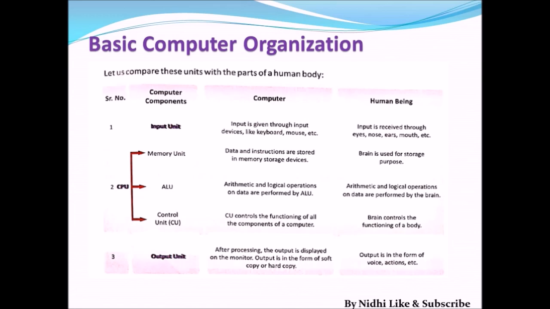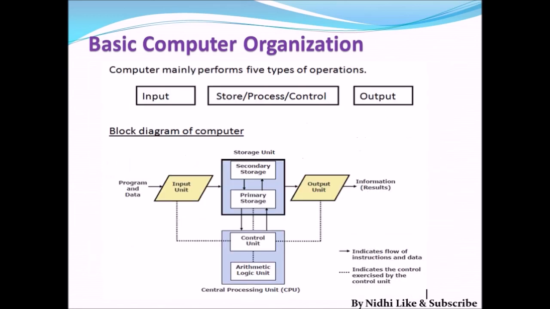Next is the block diagram of a computer. Here I have given 2 diagrams, one on this page and the second on another slide. You can draw either diagram, both are correct, and this block diagram is very important. The input unit takes program and data through input devices, and these inputs are stored in a storage device.